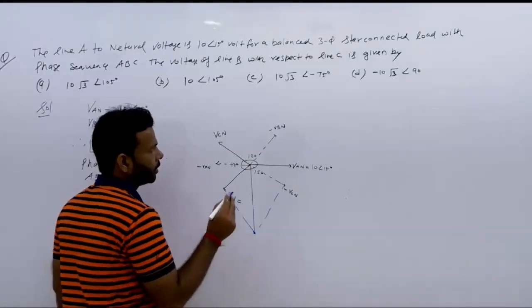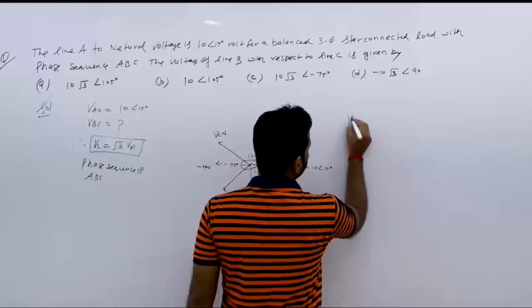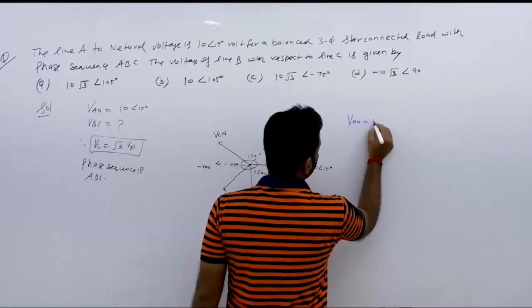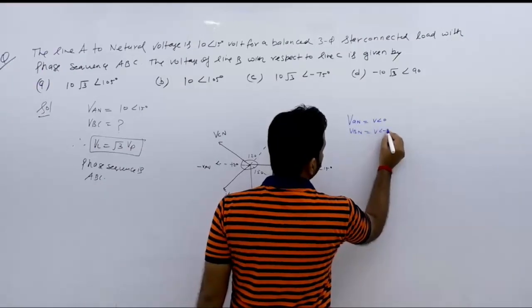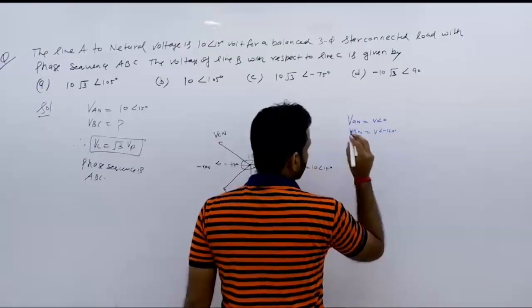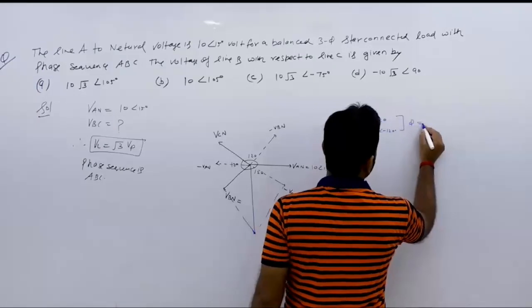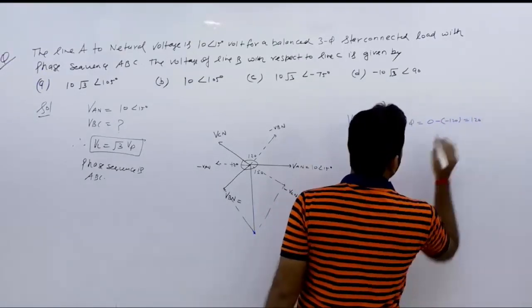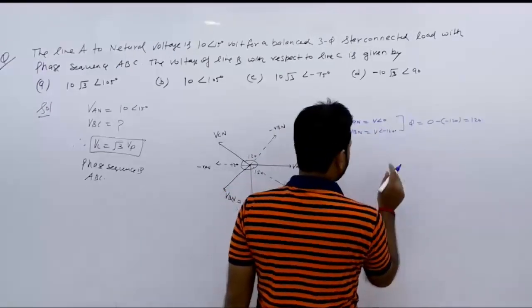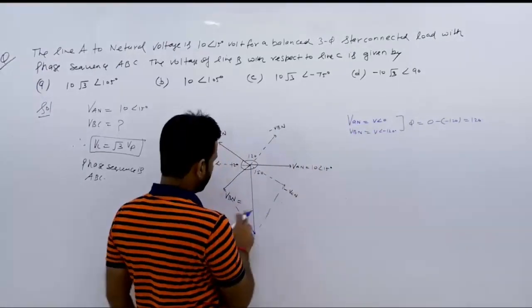So if you have your previous history, VAN is equal to V angle 0 degree and VBN is equal to V angle minus 120 degree. So the phase difference between these two is 0 minus 120, that is 120. Okay, then we have to create the phase difference of these two should be of 120.